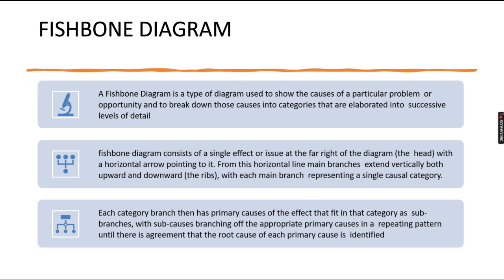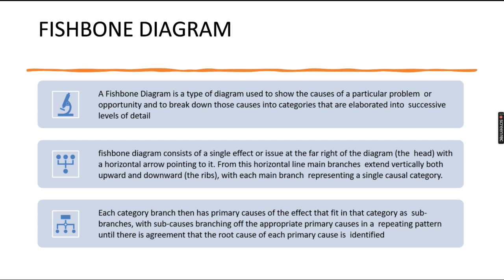From this horizontal line, main branches extend vertically both upward and downward, with each main branch representing a single causal characteristic. Each category branch then has primary causes of the effect that fit in that category as sub-branches, with sub-causes branching off the appropriate primary cause in a repeating pattern until there is agreement that the root cause of each primary cause is identified.